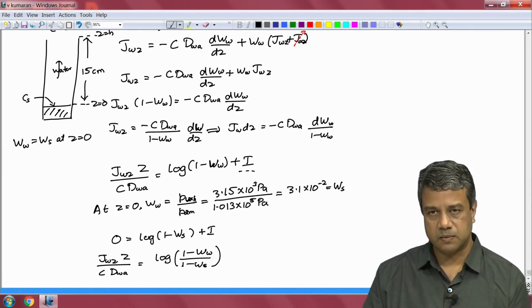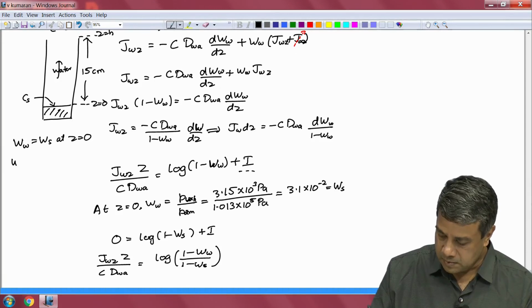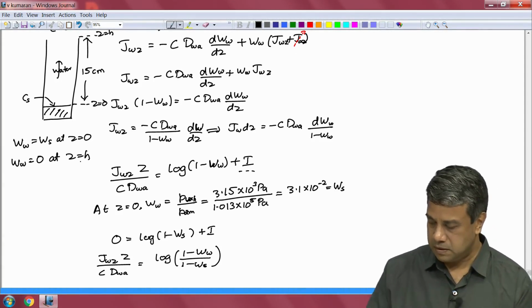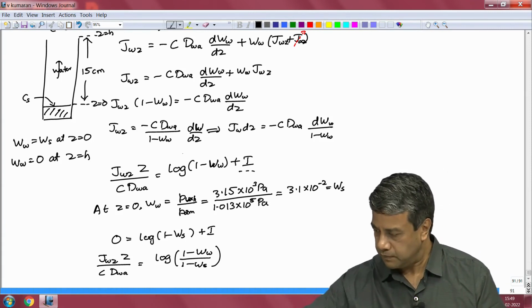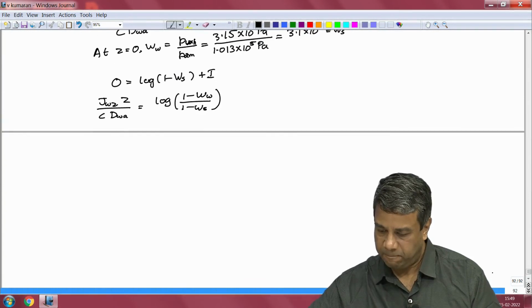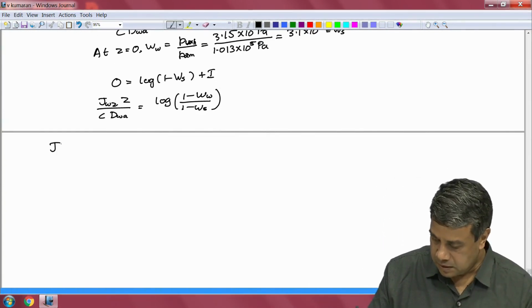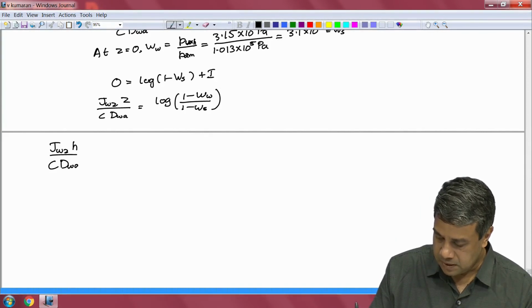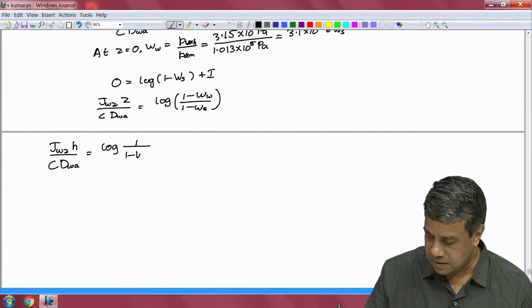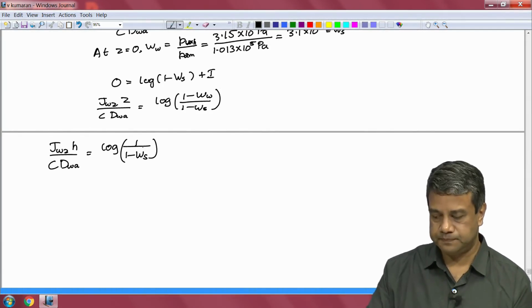It is the saturation mole fraction, and WW is equal to 0 at Z is equal to H. Therefore, you get JWZ H by C dWA is equal to log of 1 by 1 minus the saturation concentration.